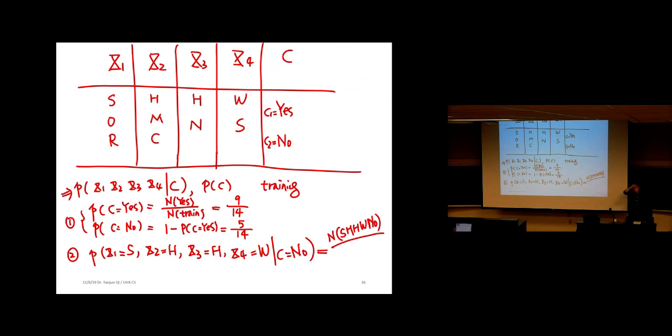How do you get this probability? We're assuming this is also a Bernoulli, a discrete random variable.